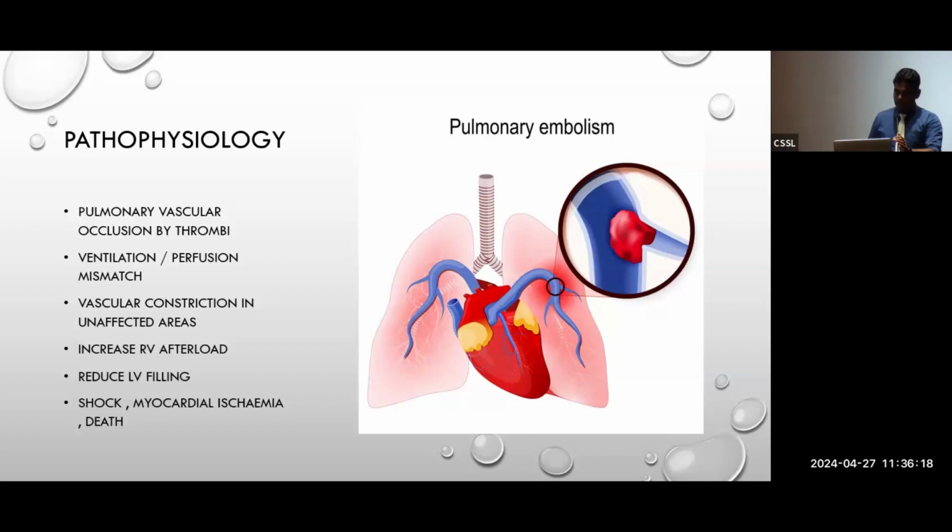Also, the LV filling is less, because the blood comes to the right side, goes to the lungs, and then comes to the left side. So when there's an obstruction in the pathway, left ventricular filling also reduces. Then the patient will go into shock and myocardial ischemia because coronary artery filling goes down. And the end result would be death if not treated.